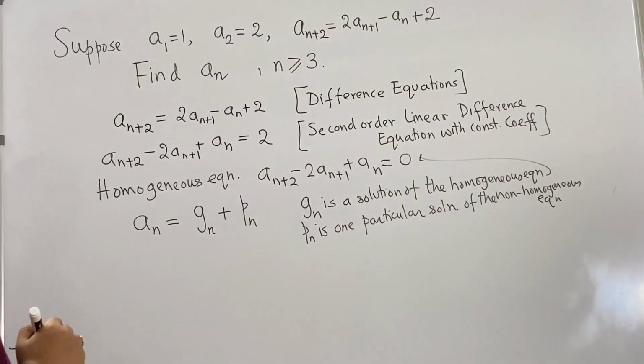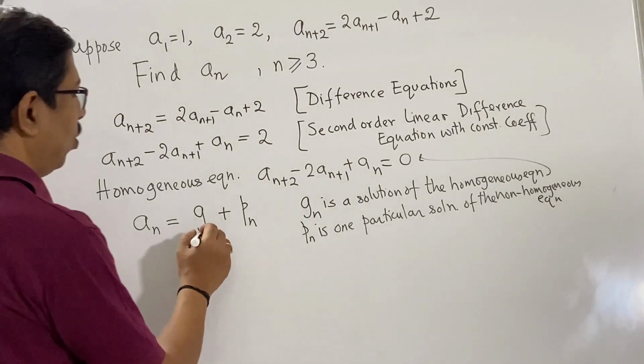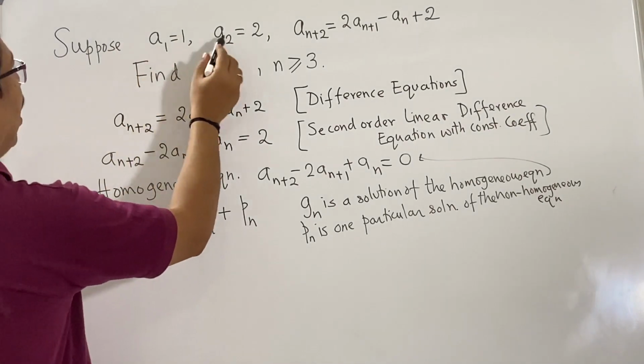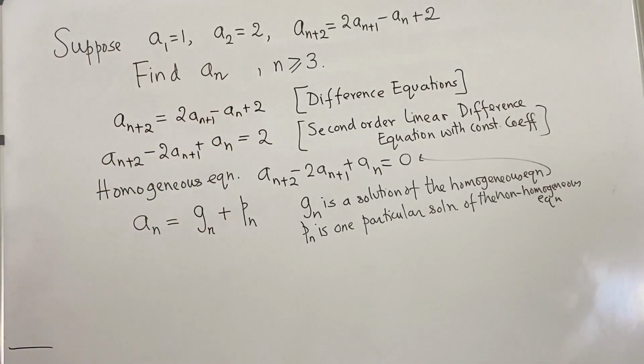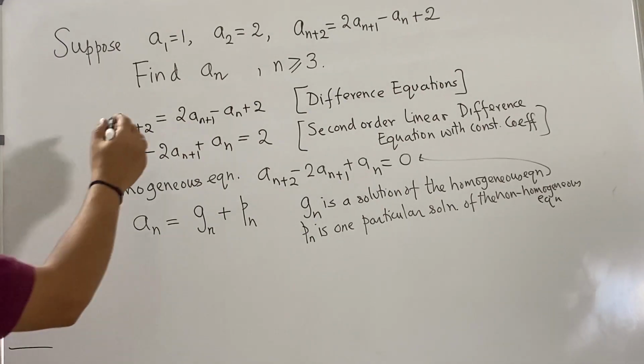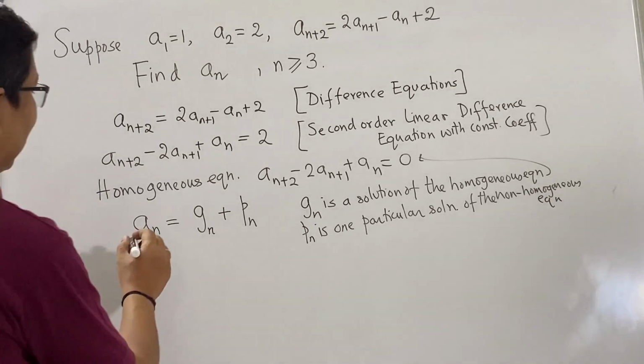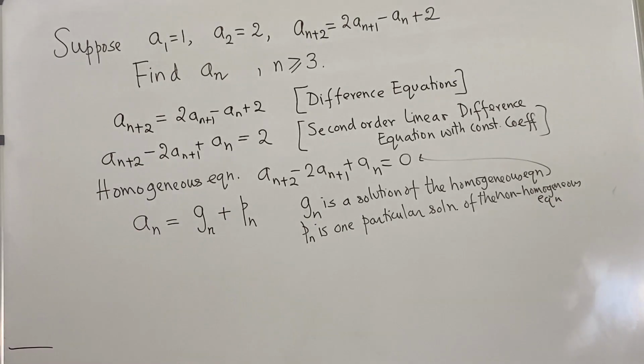So any solution a(n) would be of this type, G(n) plus P(n), and the first two values given, a1 and a2, will specify the solution for us. These are often referred to as boundary conditions or initial conditions, which help us specify exactly what this sequence a(n) looks like.